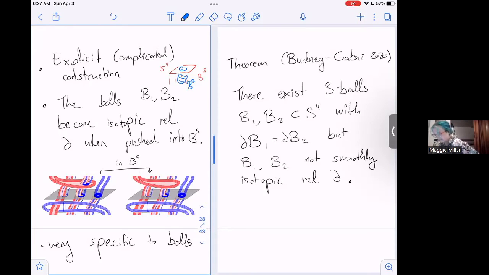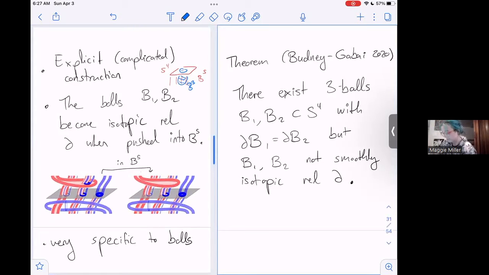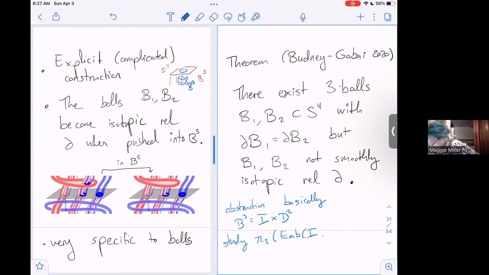And another thing is that this construction is very specific to three balls. So I won't really say what it is, but the obstruction is basically that they parameterize a three ball as I cross D2, and they study pi2 of an embedding space of intervals into a certain four manifold with boundary.